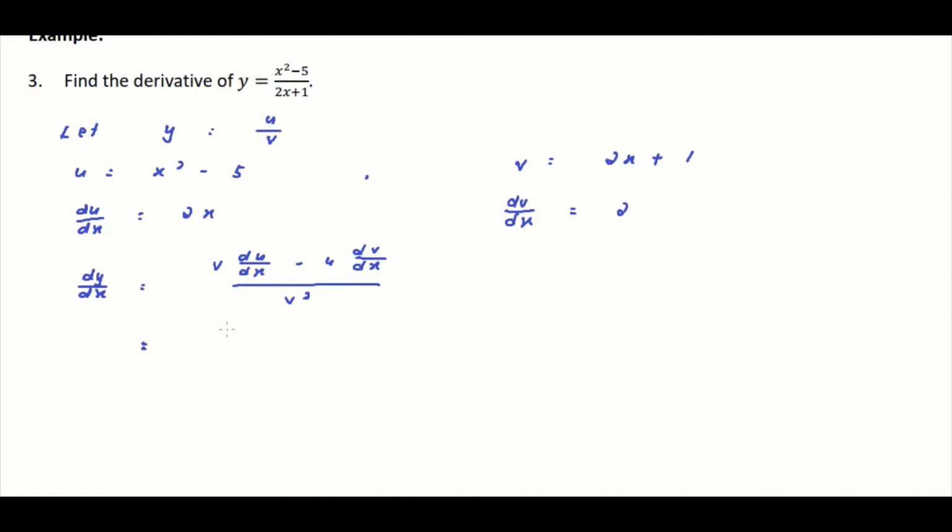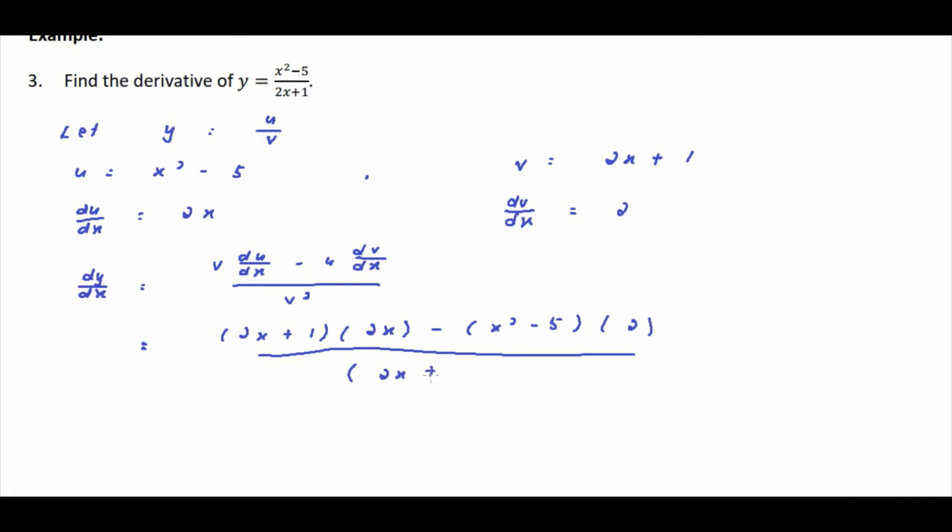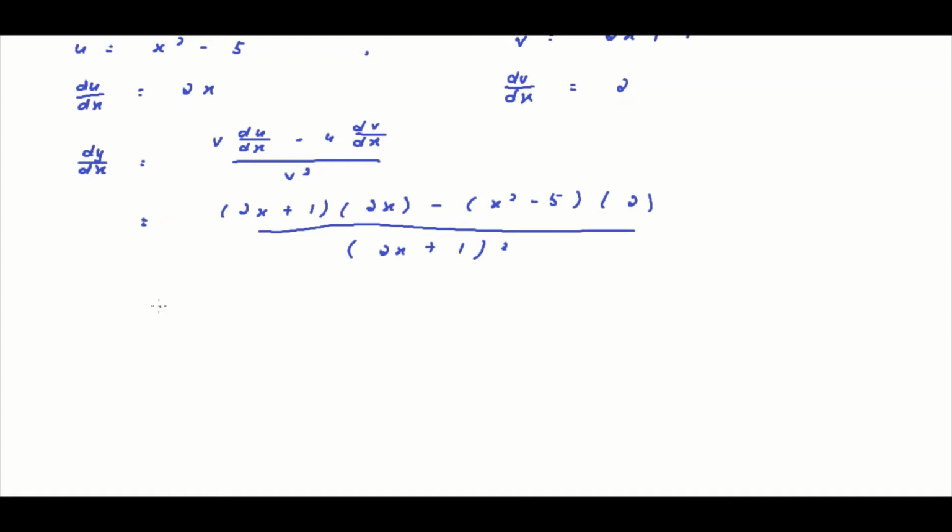So your v is 2x plus 1, du dx is 2x, u is x squared minus 5, dv dx is 2, divided by the whole thing v squared, where v is 2x plus 1. So you need to further simplify them.